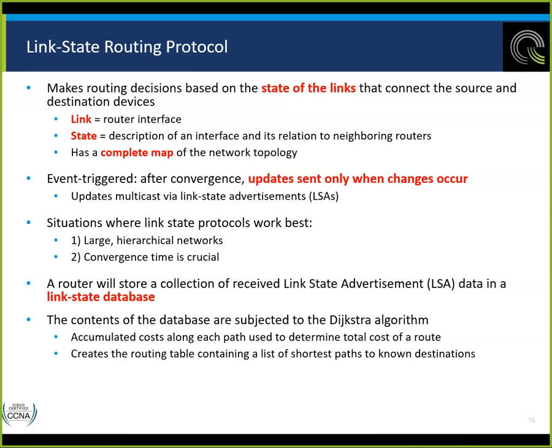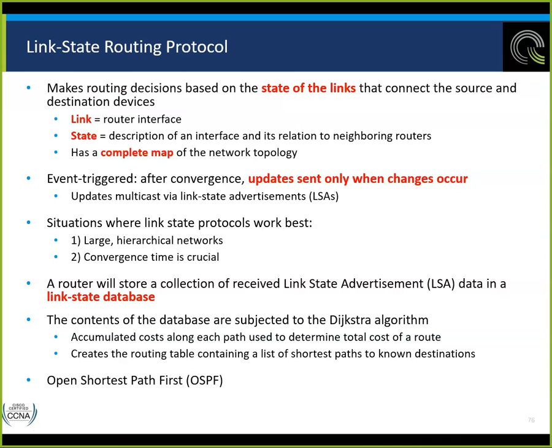Bellman-Ford was the algorithm that's used in the distance vector. Dijkstra is used in the link state, and then we use DUAL in the hybrid in the EIGRP. Accumulated cost along each path is used to determine the total cost of the route, and the routes in the routing table contain a list of the shortest paths to the known destination.